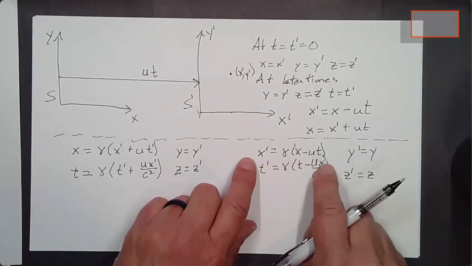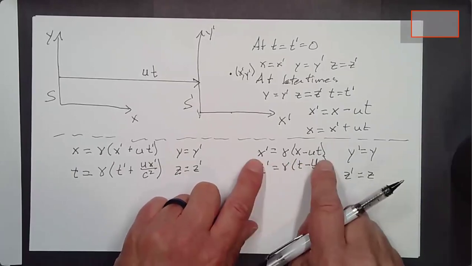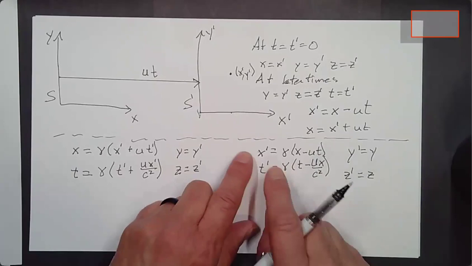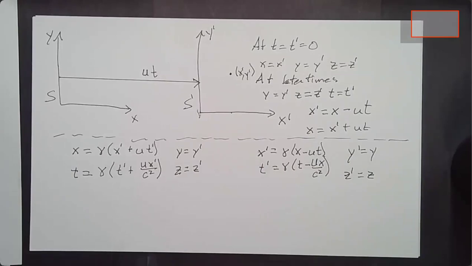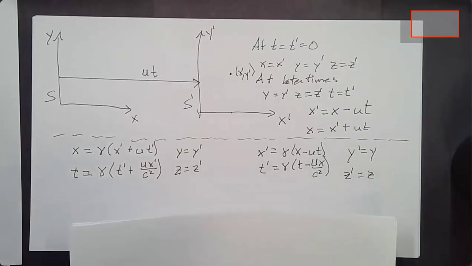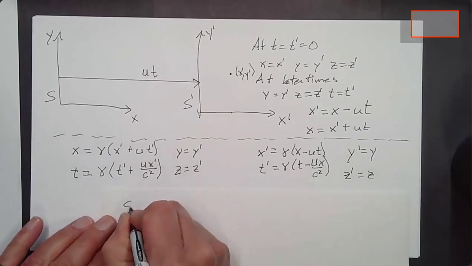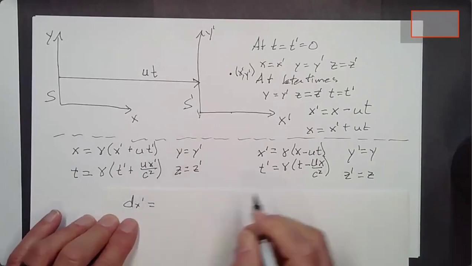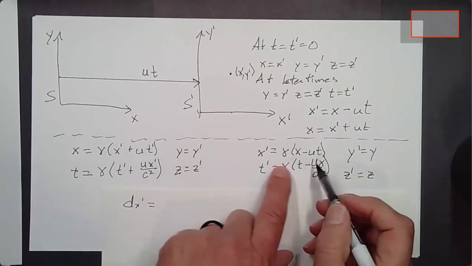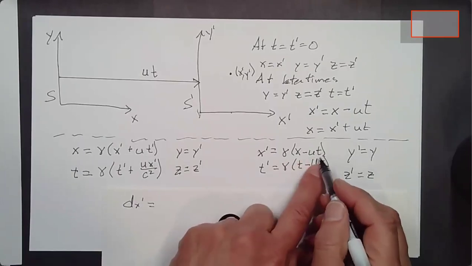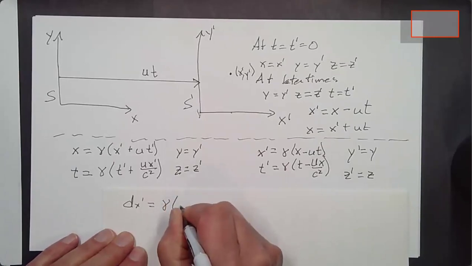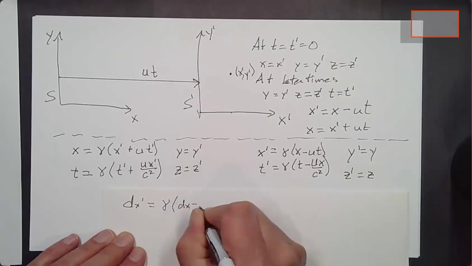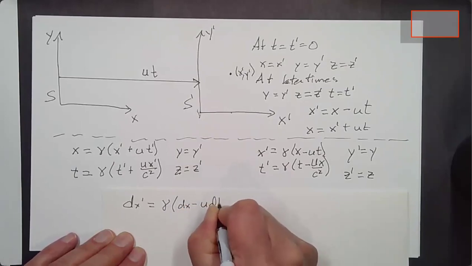But the way we'll get the velocity transformations is to take differentials of this x prime and this t prime. I'll do it on a piece of scratch paper so we can just write the result down underneath here. I take dx prime, the differential of x prime. Well, gamma is a constant, u is a constant, but x and t can change. So it'll be gamma times dx minus u dt.